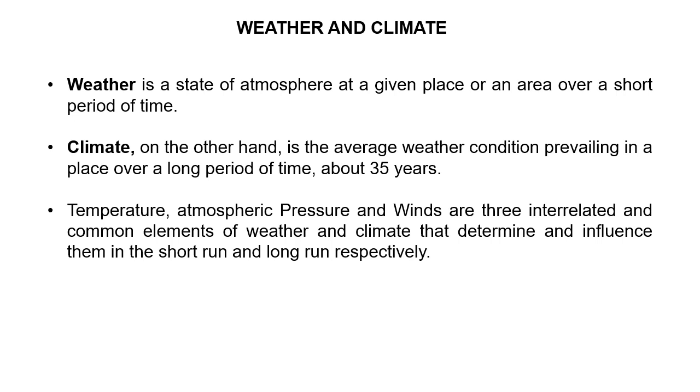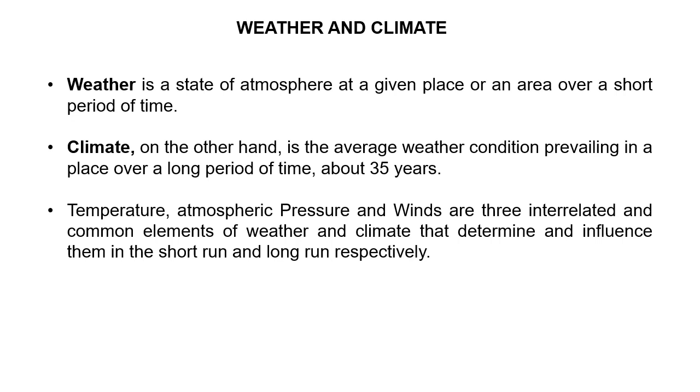So it is about how the climatic condition of Ranchi has been prevailing, or how it has changed in the last 35 years, whether it has been affected by global warming or not. All right. So such are climate and weather.